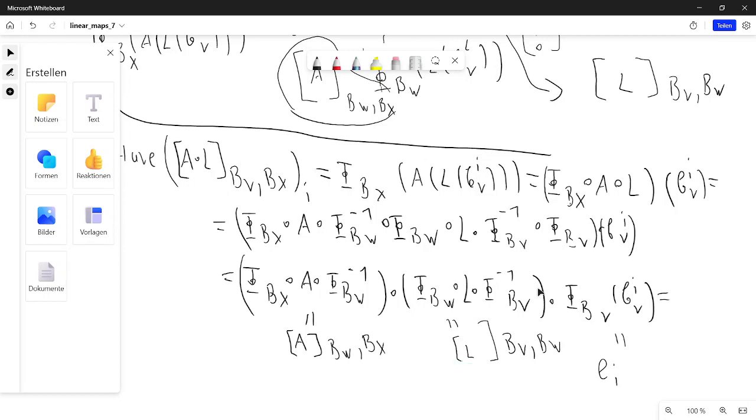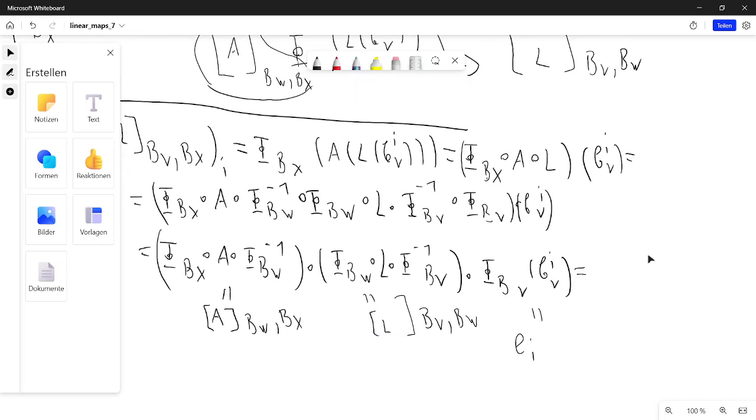So this is equal to the i-th column of the matrix multiplication, like that, right?